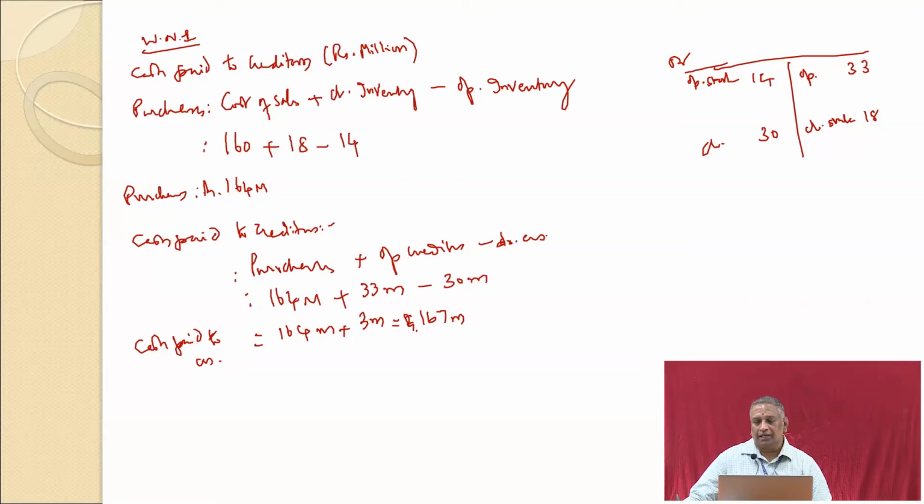So cost of sales is 160. So the balancing figure is 167 million. So in this way also you can arrive at cash paid to creditors.